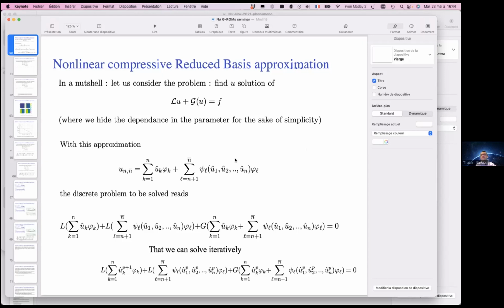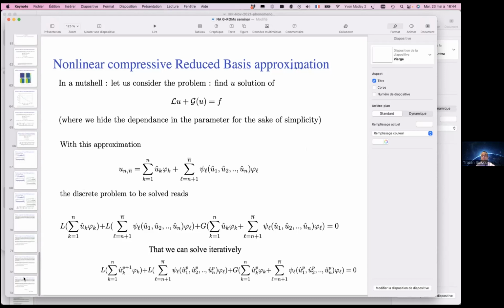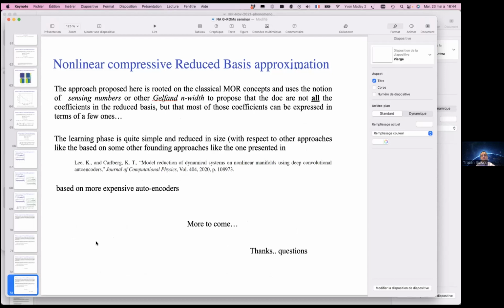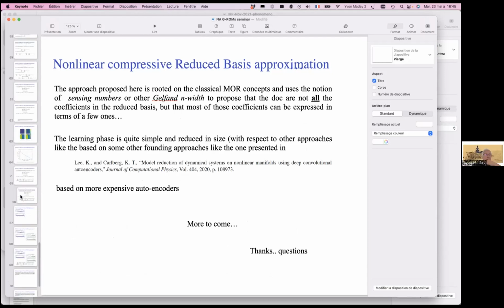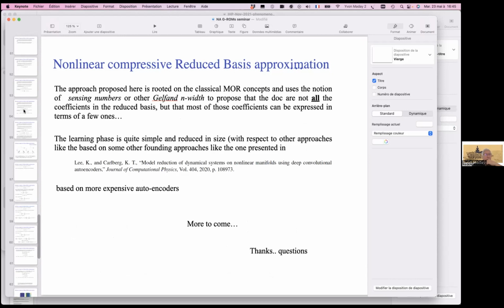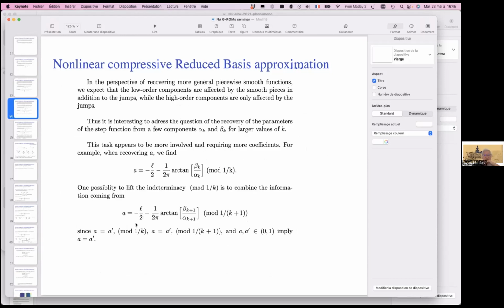My question is related maybe to something you said on the last slide. Did I understand correctly that there is theoretical support, an analysis for the method? For the moment, yes and no. What we are able to see is that indeed it is possible to recover from beta k, alpha k, beta k plus 1, alpha k plus 1 everything that allows you to recover all the coefficients.